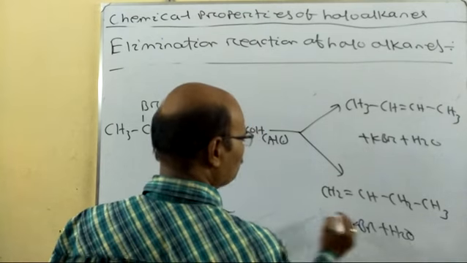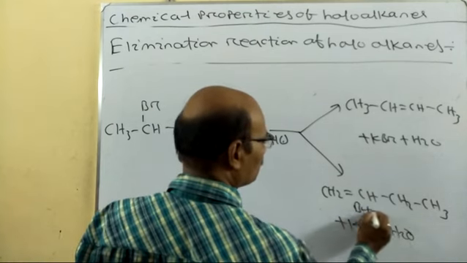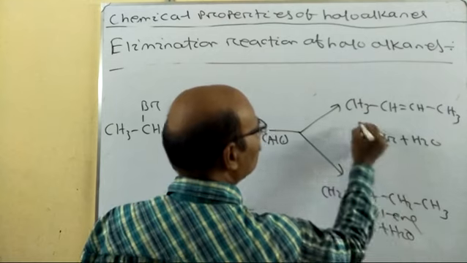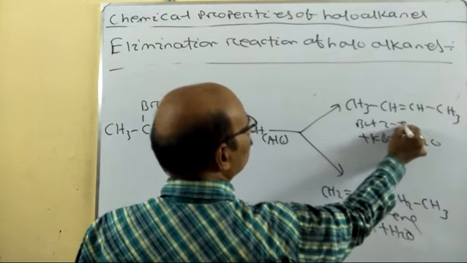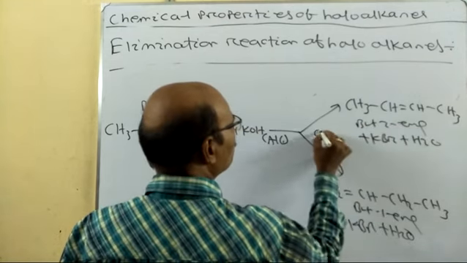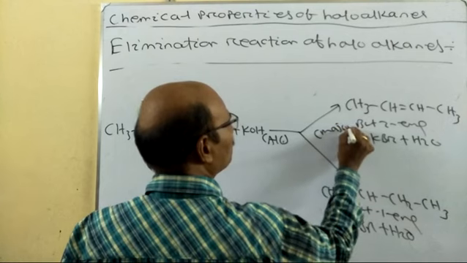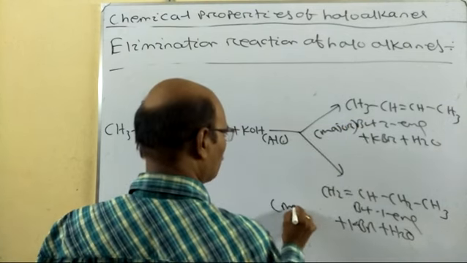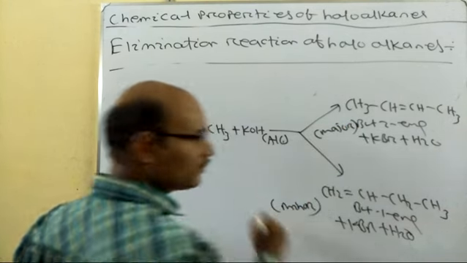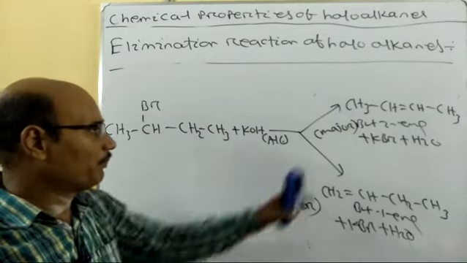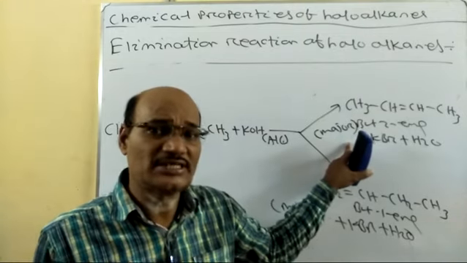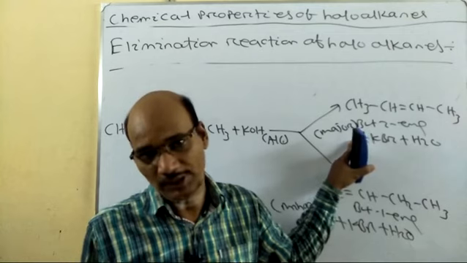So this is what? 1-ene, and this is 2-ene. This is your major, this is your minor. So this is your major product, or called the Saytzeff product.